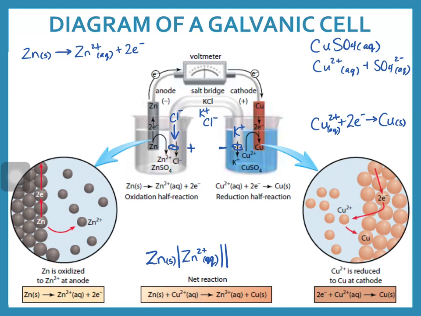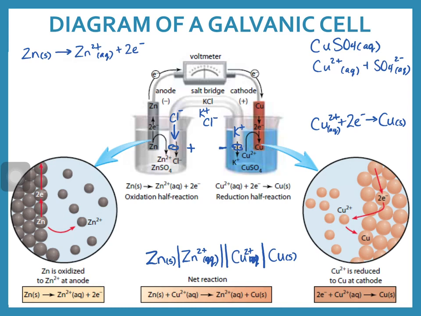And then on the right-hand side, I'm going to write the reduction. So here I start with copper ions, which are aqueous. And then that phase separation, the 1 line, so copper ions become copper solid or copper atoms.